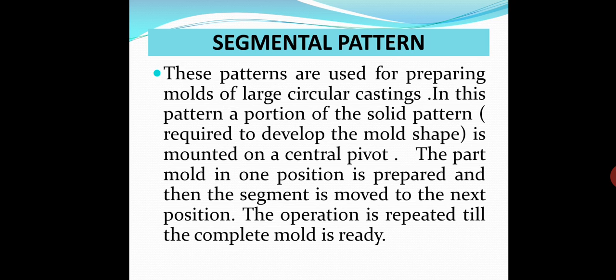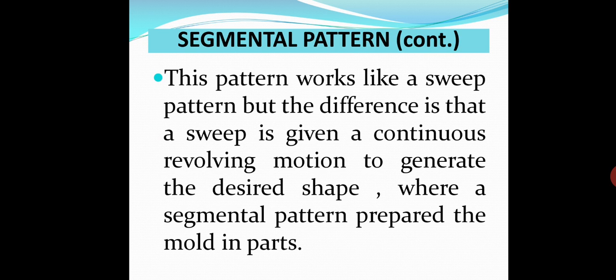The operation is repeated till the complete mold is ready. This pattern works like a sweep pattern, but the difference is that a sweep is given a continuous revolving motion to generate the desired shape, whereas a segmental pattern prepares the mold in parts.